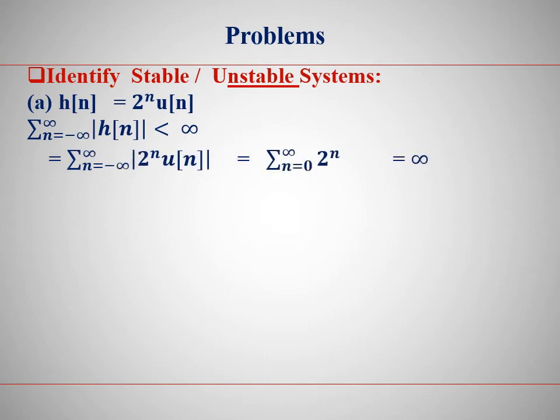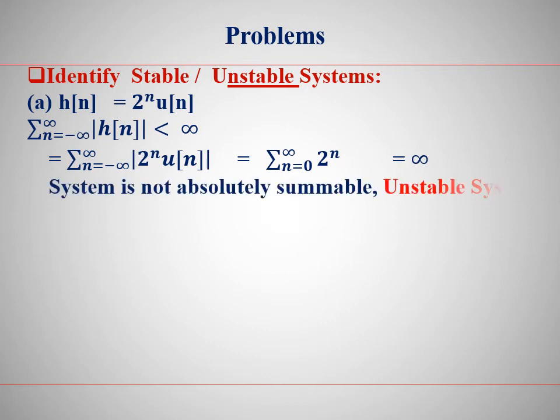Going by this definition, we have the summation from n equal to minus infinity to plus infinity of modulus of 2 power n u of n. We know that u of n exists only for non-negative values of n, hence rearranging it we get the summation from n equal to 0 to infinity of 2 power n, and it is quite clear from the geometric series that this is going to be equal to infinity. So the system is not absolutely stable.